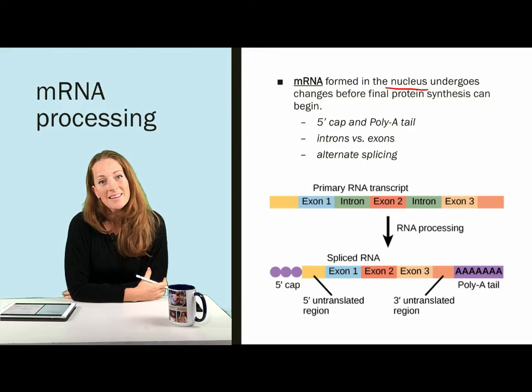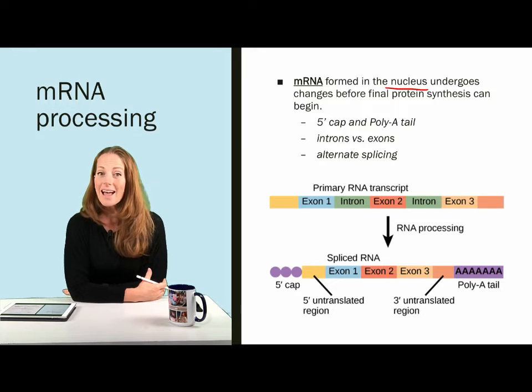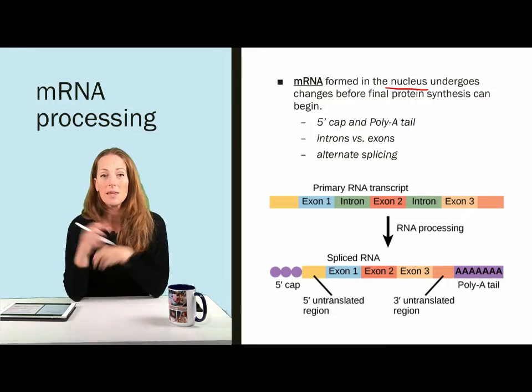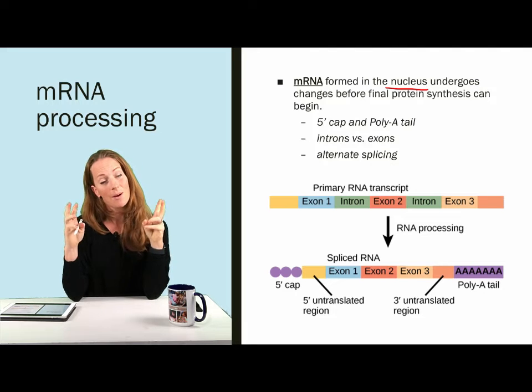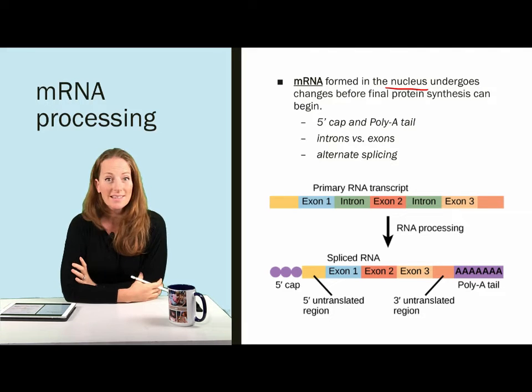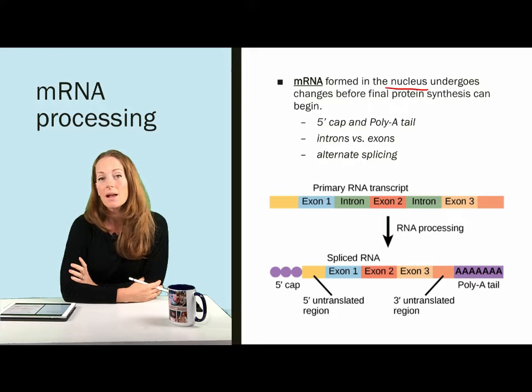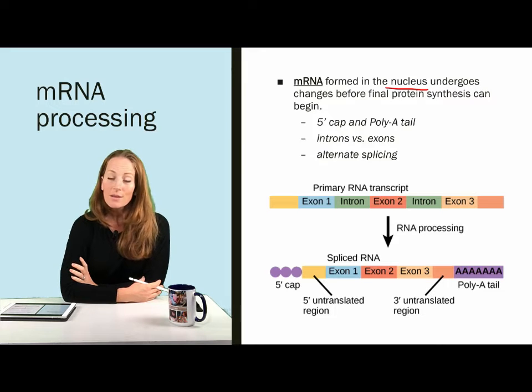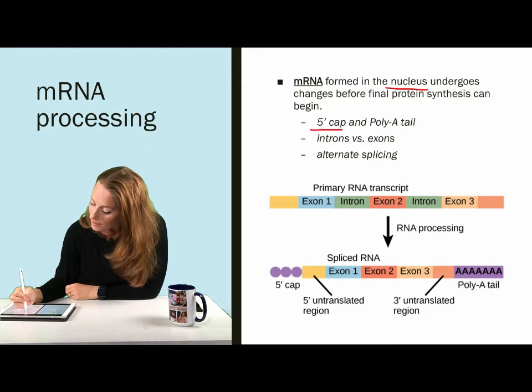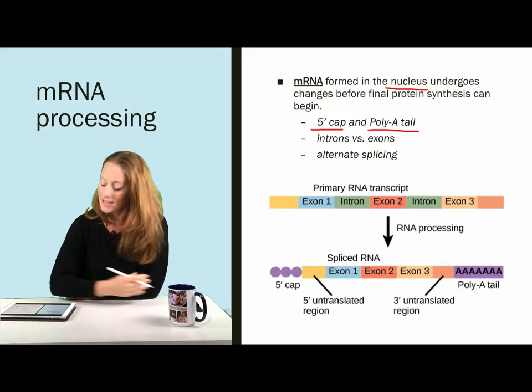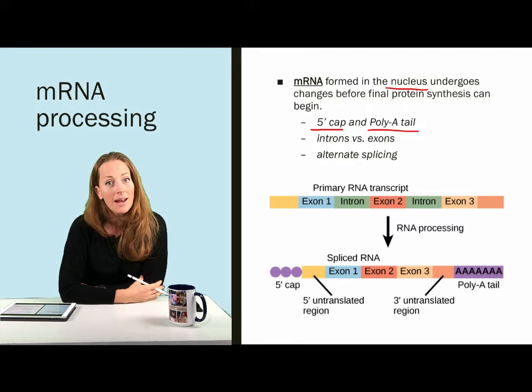An interesting thing to understand is that actually, technically, we would consider this to be a pre-mRNA. There's some processing that needs to happen before that mRNA is ready for prime time. So that processing includes adding a 5' cap and a poly A tail to the mRNA.